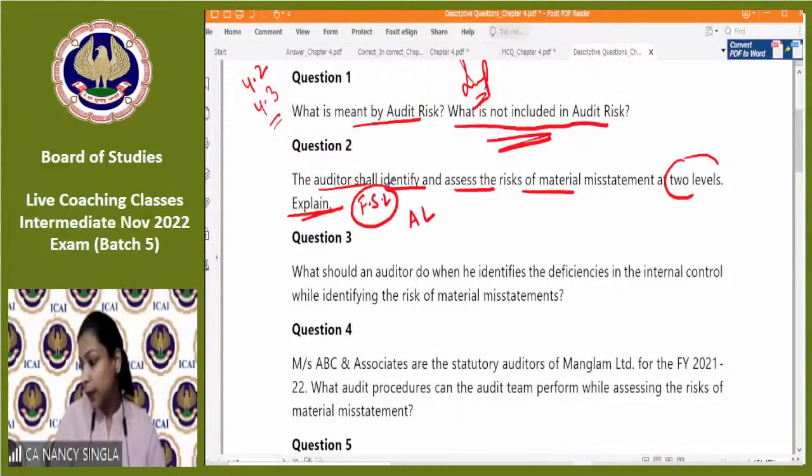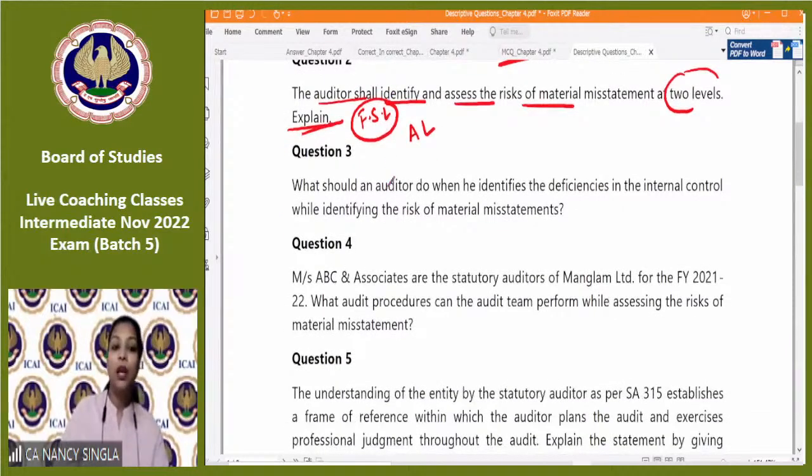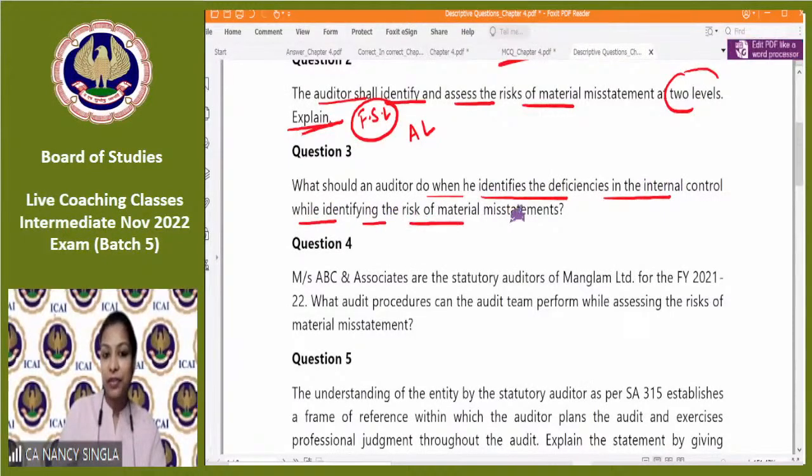Okay, third question. What should an auditor do when he identifies deficiencies in internal control while identifying risk of material misstatement? What is the answer? Quickly send in your replies.